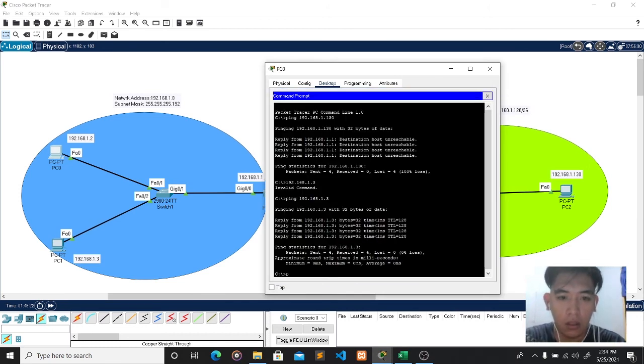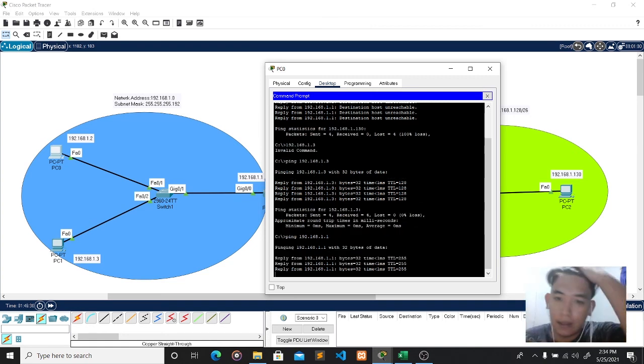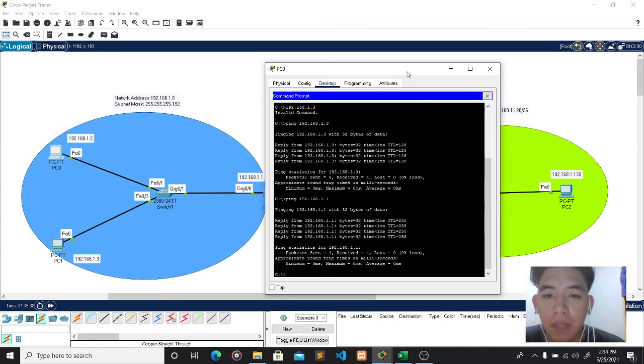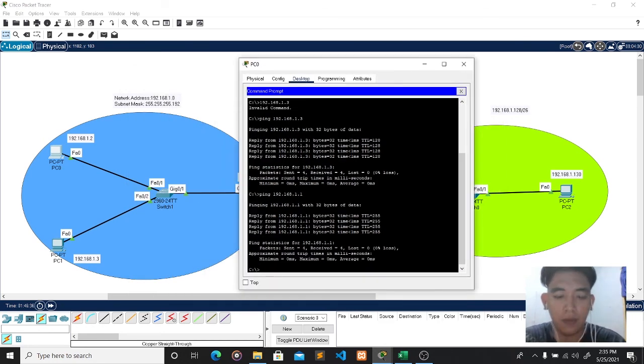So, ipiping ko muna yung PC0 to the router 2. Ping 192.168.1.1. Okay, so nag-reply. So, itatry natin na i-ping yung kabilang network sa PC2 from PC0 to PC2. Ping 192.168.1.130.